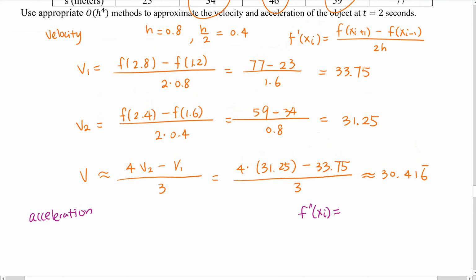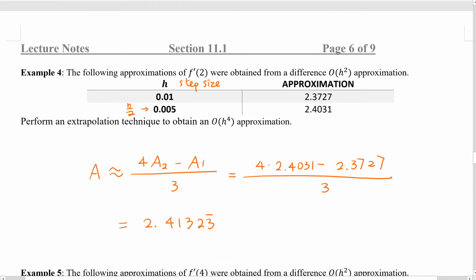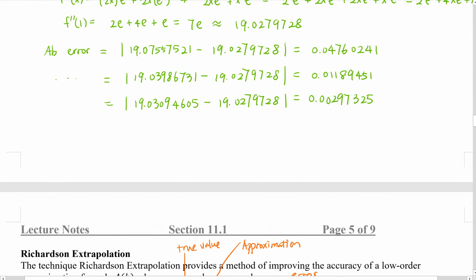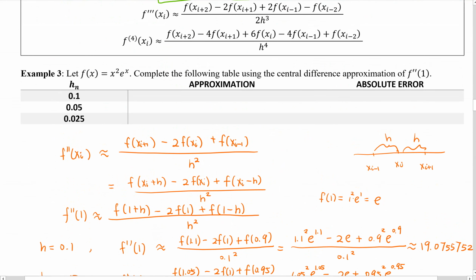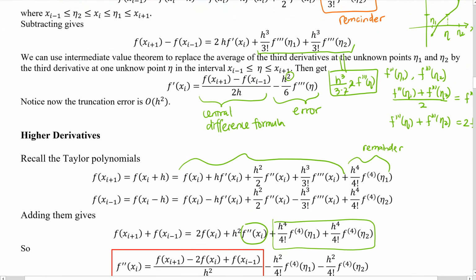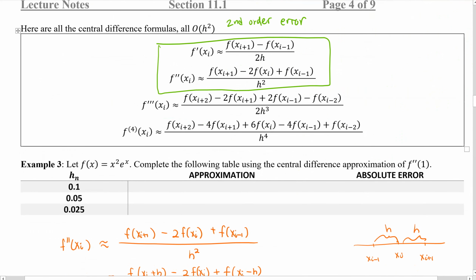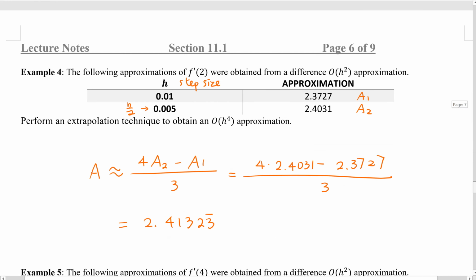We talked about the central difference formula, and I provided you a formula for this. Okay, all these are the central difference formulas. We have the first derivative, second derivative, third derivative, and the fourth derivative. So here we're using the second derivative. Okay, so keep that in mind. Let's go back.